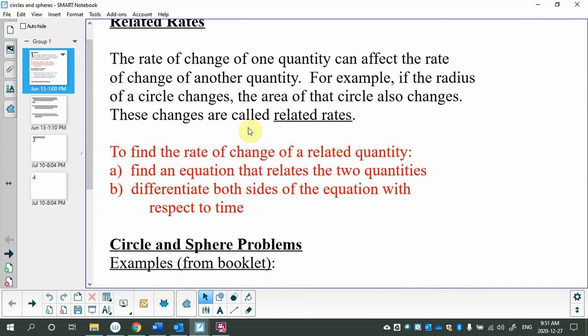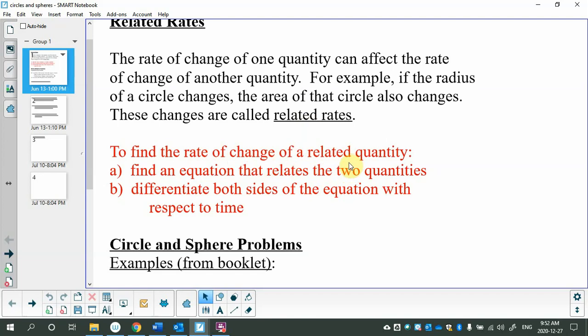Oh, right here. These changes are called related rates because they are rates that are related. Again, it is a place in math where somebody labeled things appropriately. So to find the rate of change of a related quantity, you have to find an equation that relates the two quantities. These are usually formulas that you should be familiar with.